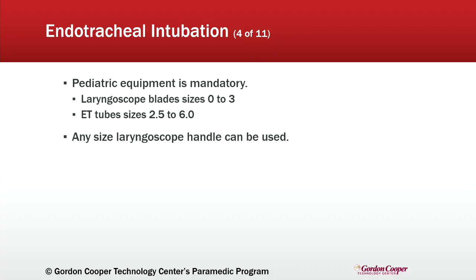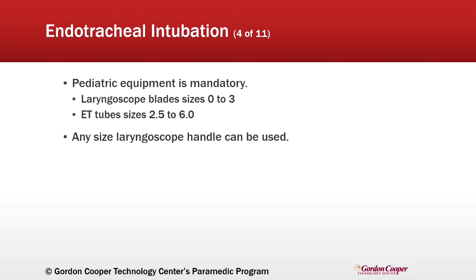You'll need a range of laryngoscope blades, typically sizes from 0 to 3. Endotracheal tubes you should have from about a 2.5 for premature infants up to even about a size 6 for large-sized toddlers, larger sized children that are reaching that adult size.